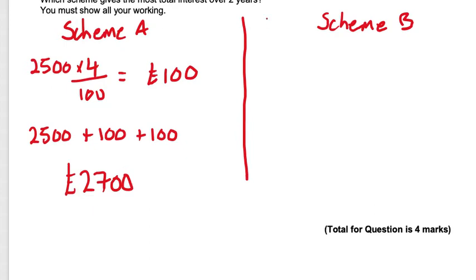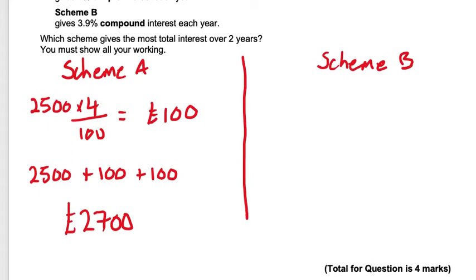Scheme B, on the other hand, you use the compound interest formula. So we're looking at a multiplier. The multiplier equals 1.039.